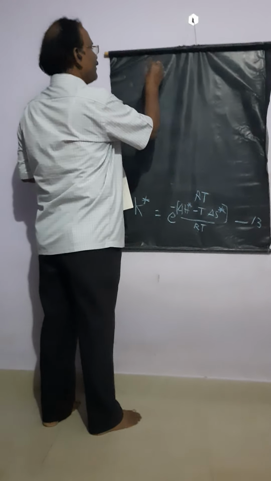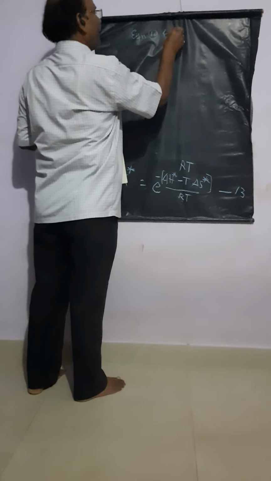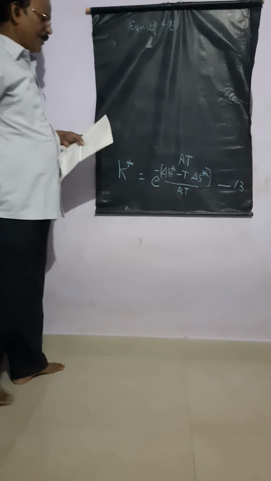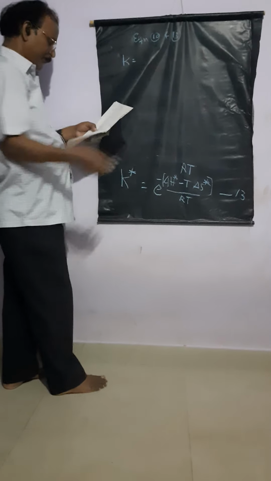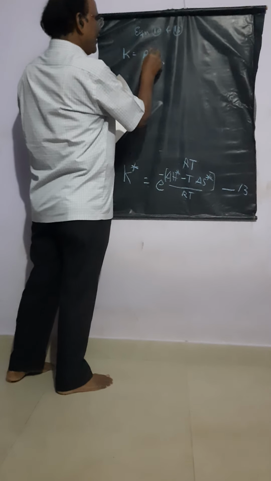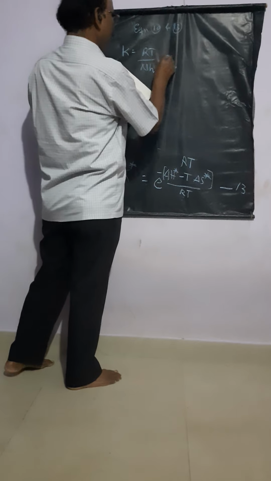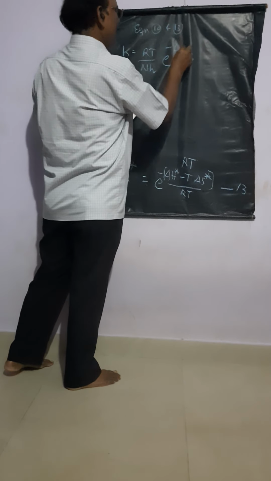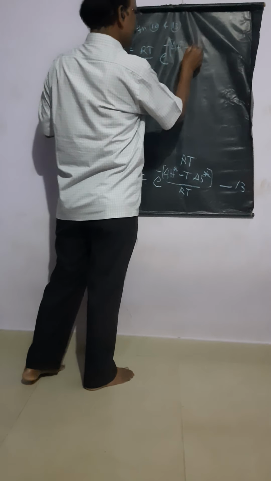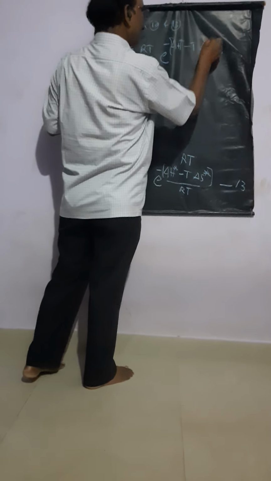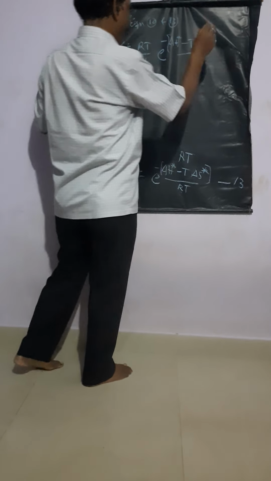Next, from equation 10 and 13, so you have equation 10 already. K is equal to RT divided by NH into e to the power of minus delta H star minus T into delta S star divided by RT.